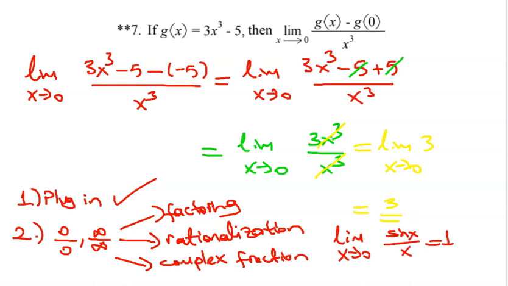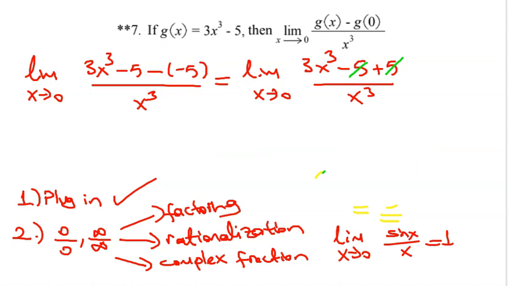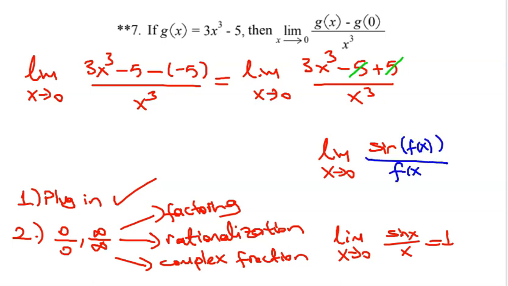If we have the same function on top and on the bottom, if we try to generalize this formula, we get limit as x approaches 0 of sine of f of x over f of x. And notice that we have the same function on top and the bottom, and this is going to be equal to just 1.